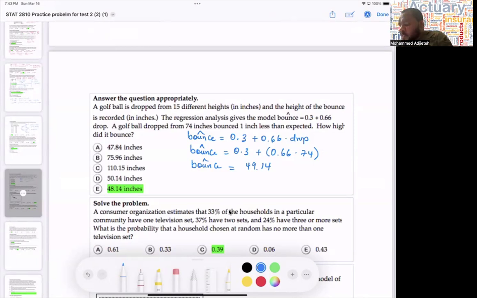And then we are told that, however, it is 1 inch less than the expected. So 1 inch less than this is going to give us 49.14 minus 1, which is 48.14. And so the answer is E.